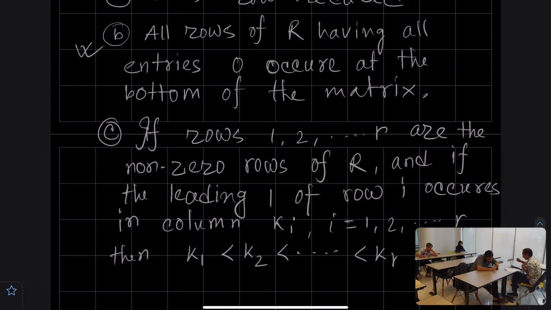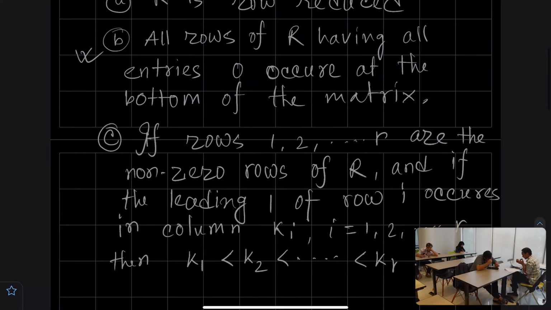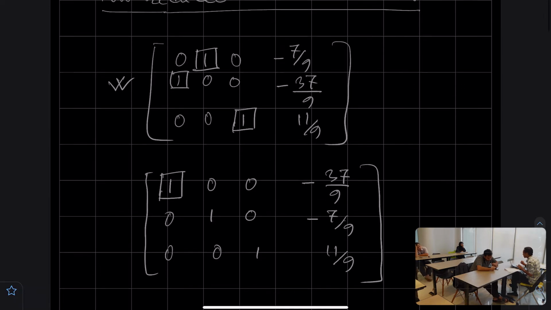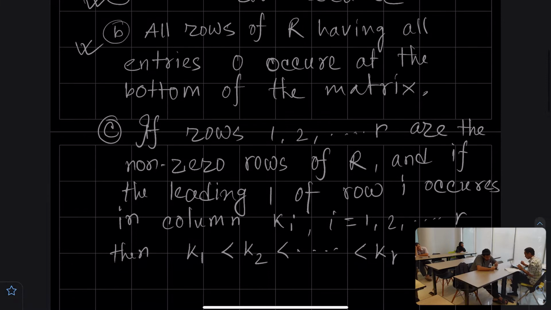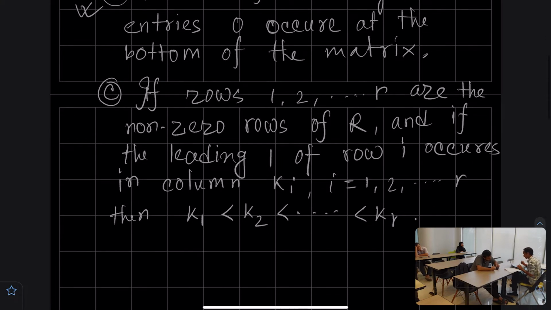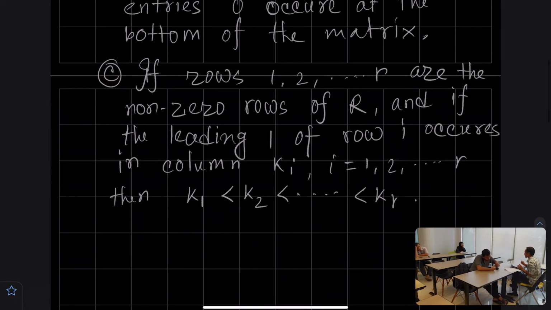So as we saw, (a) follows from the last example, and I didn't show you what (b) is, but (c) also follows from the last example.